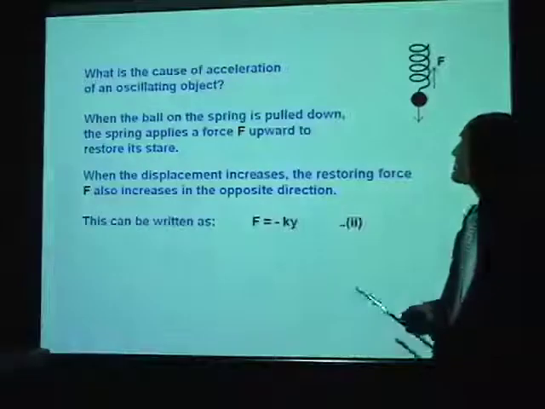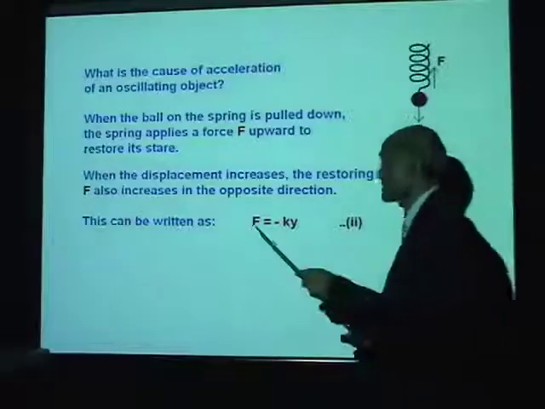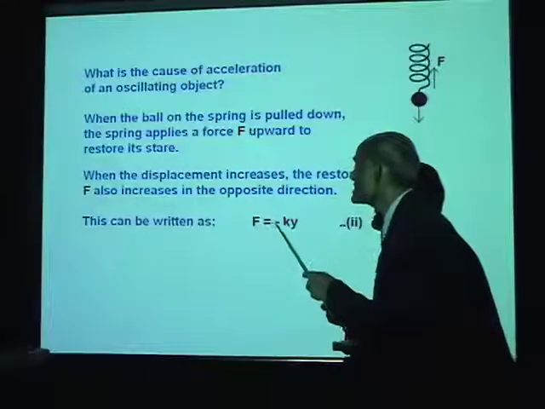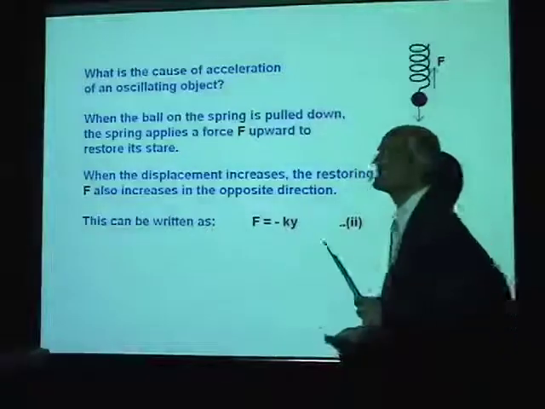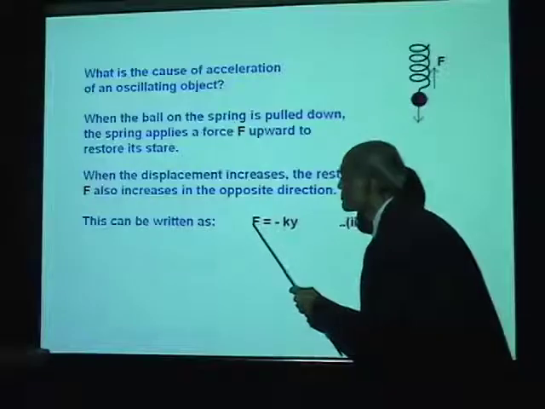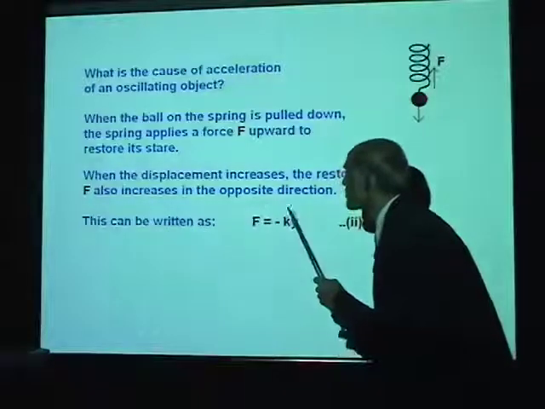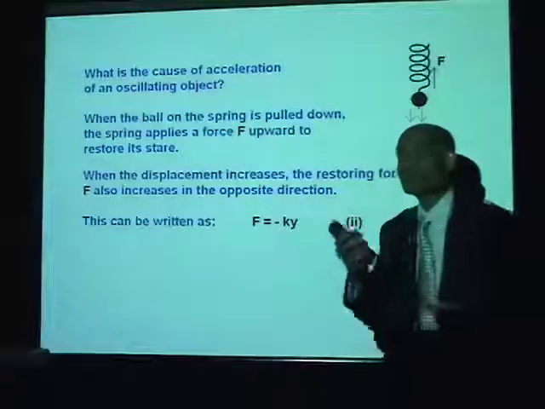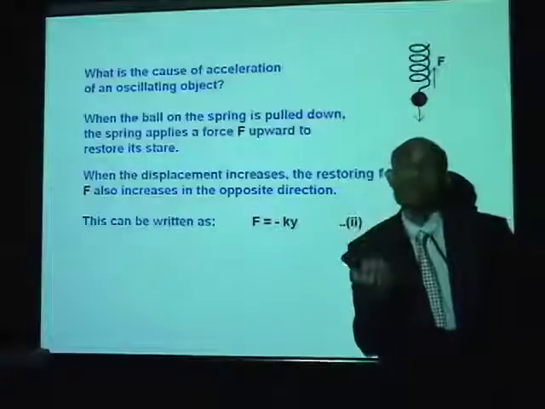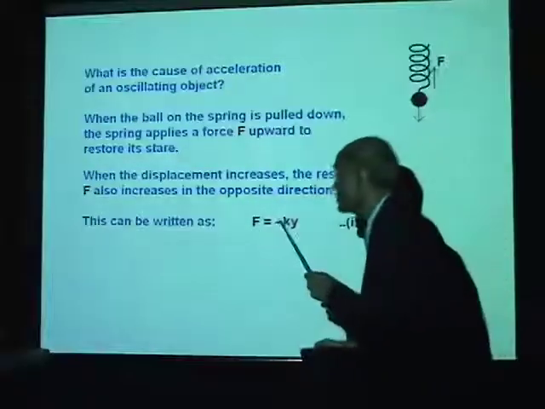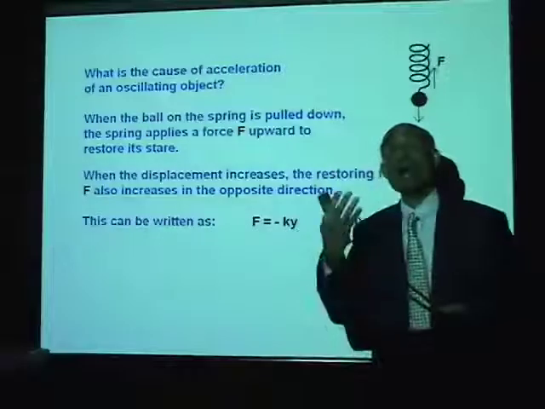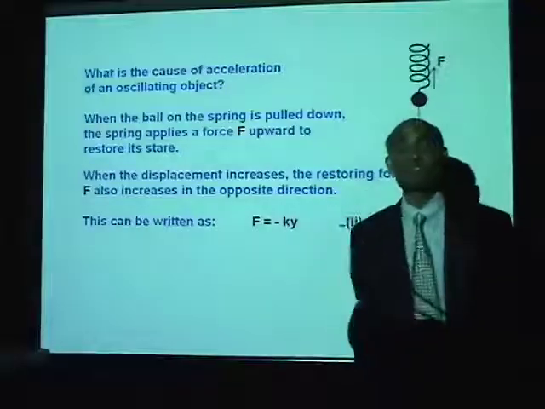And I can write this as a mathematical equation. Does it make sense? F equal to negative ky. Well, of course, that k is a constant. This tells you that the restoring force is proportional to the displacement. You pull the spring more, the restoring force will be greater. And the direction of that force will be opposite to the direction of displacement.